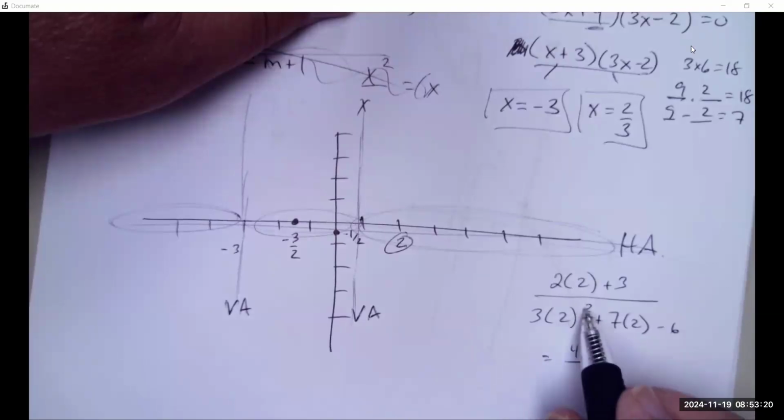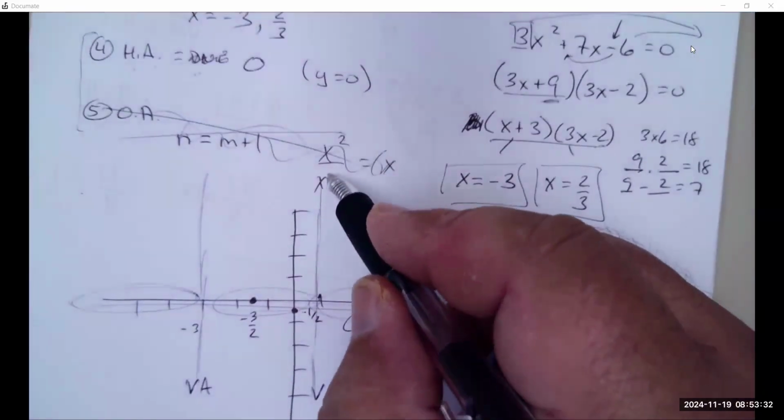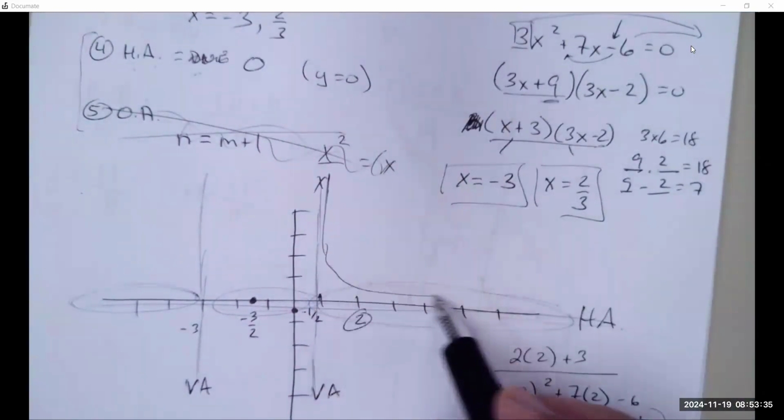So we get 4 plus 3, 2 squared is 4, times 3 is 12, plus 14. That's 26 over 20. So it's positive. So that means this graph on this side is going to be up here.